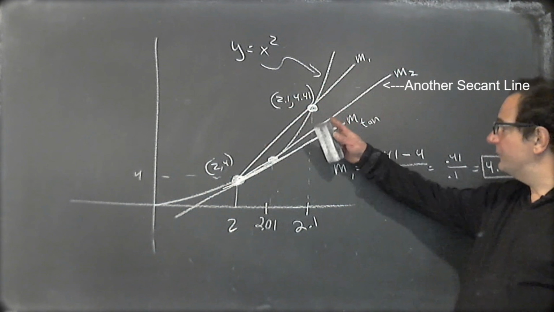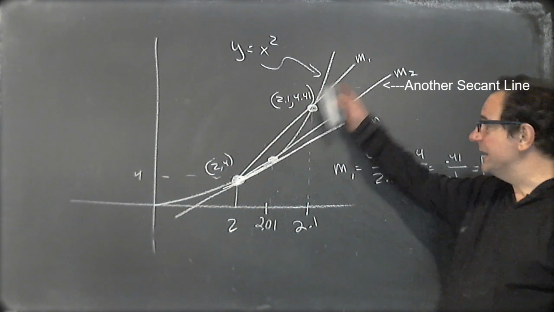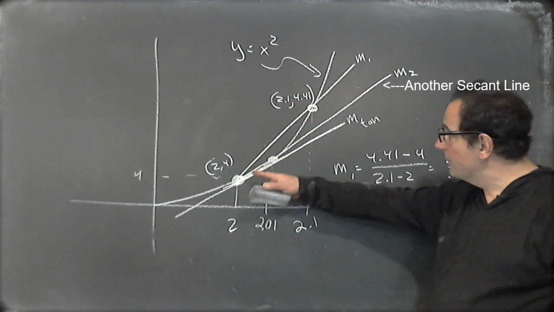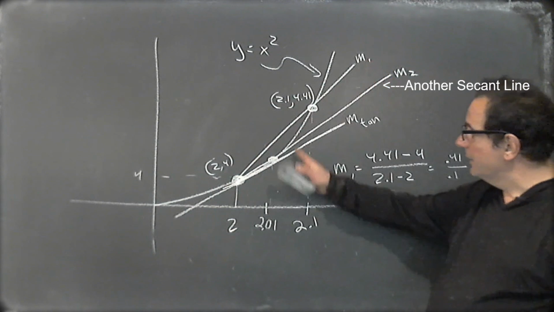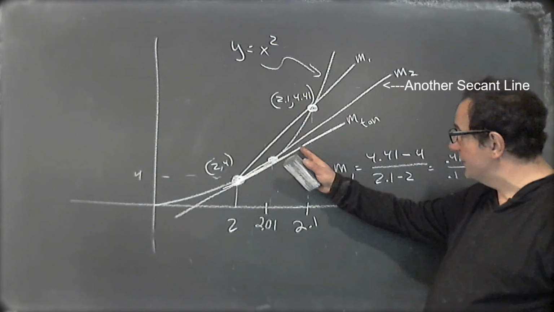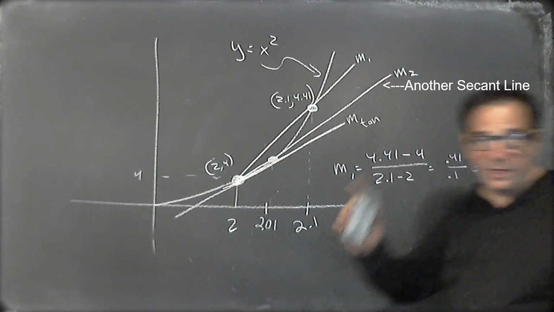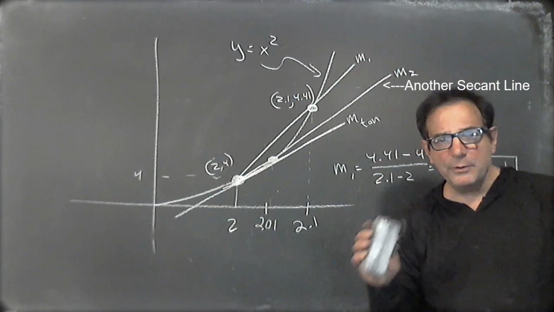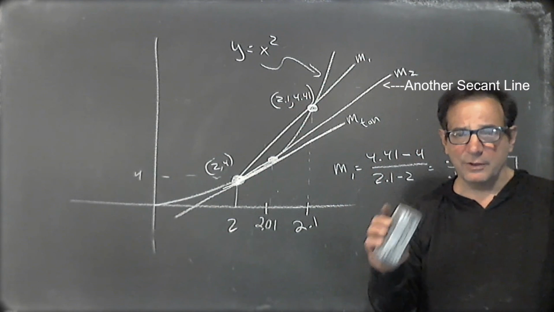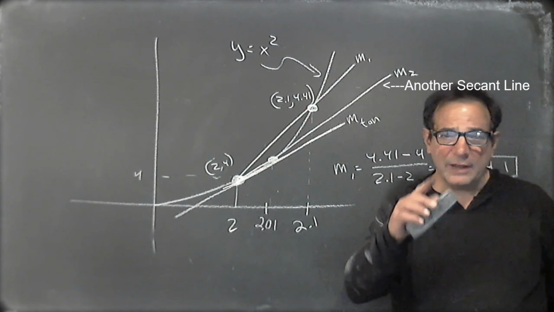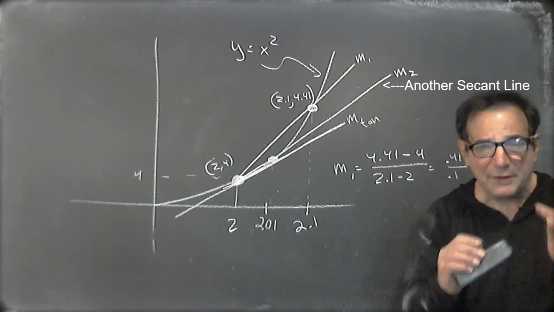Notice that this other line, these are called secant lines, by the way, right? So the first secant line, M1, is close to the tangent line, but M2 is even closer. Therefore, when we compute the slope of the second line, we'll get a slope that's even better.